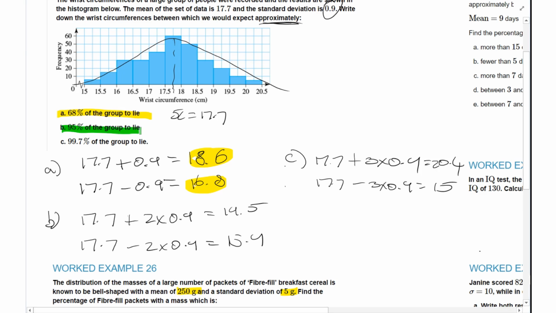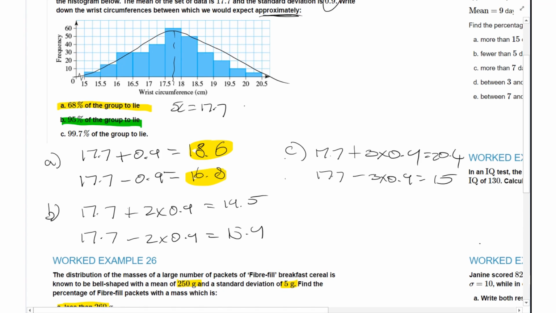So let's do 95%. So what we're saying here, that's x bar plus or minus 1 standard deviation. This is x bar plus or minus 2 times standard deviation, and x bar plus or minus 3 times standard deviation.